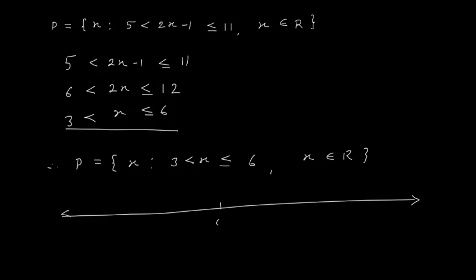Here we have 0, 1, 2, 3, 4, 5 and 6, and between 3 and 6, from here to 6. Now this 6 is included and this 3 is not included. So from 3 to 6 we have this number line.